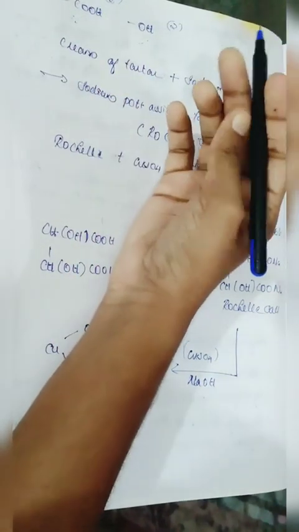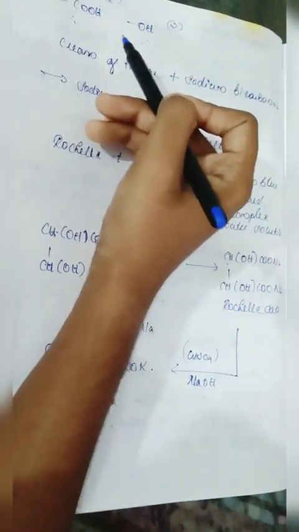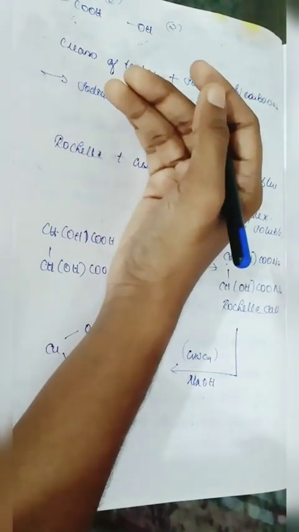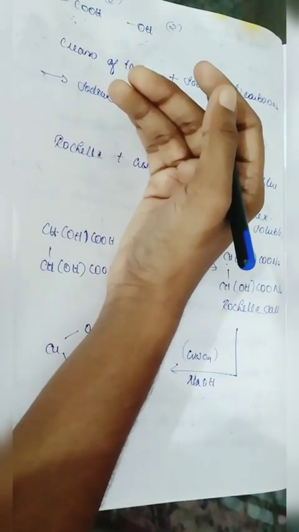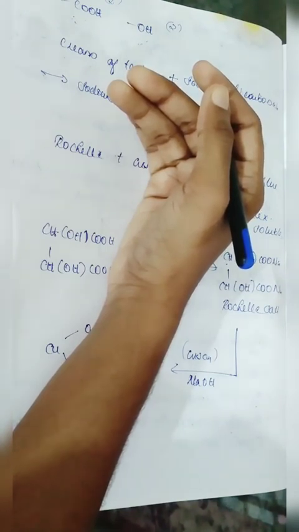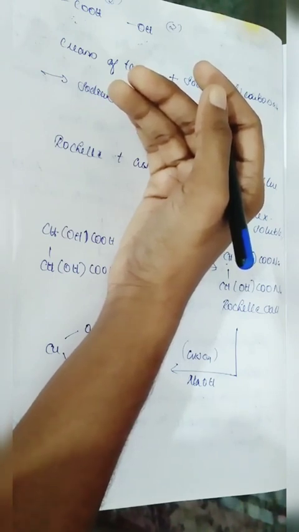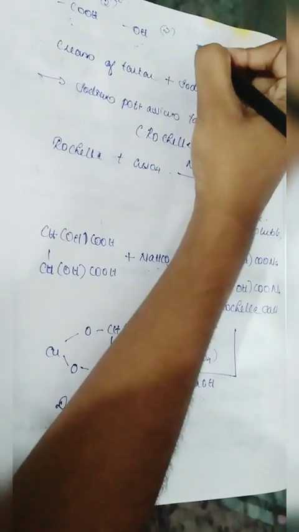They are known for actions like formation of salt. As I told you in tamarind and berries, tartaric acid appears as potassium salt. So salt formation is a very important property of tartaric acid.